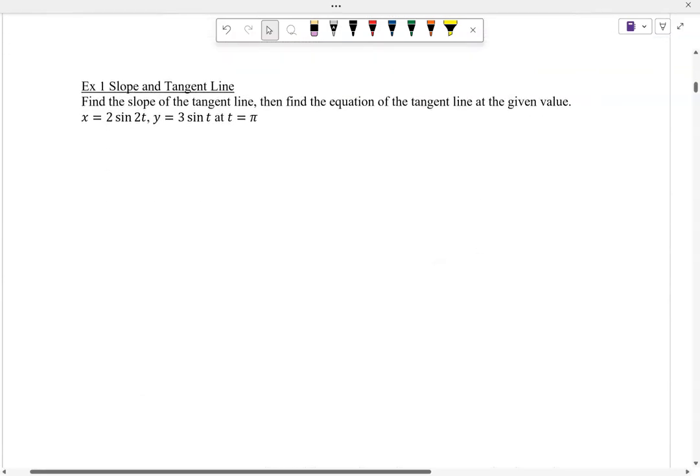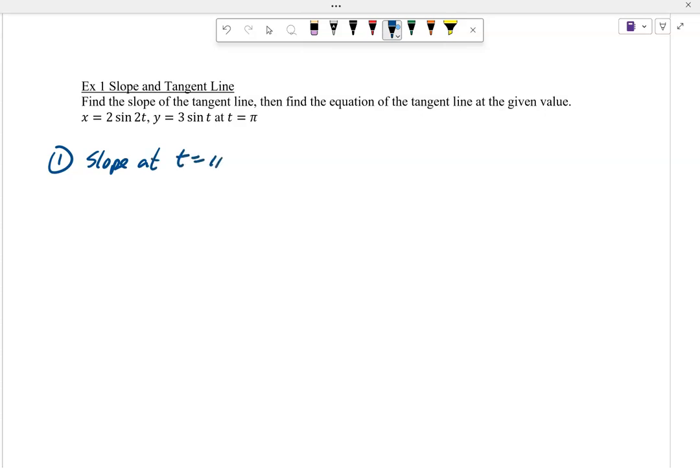So let's go ahead and run through this first one. Let's find the slope and the tangent line of the curve here. So number one, let's find the slope at t being pi.